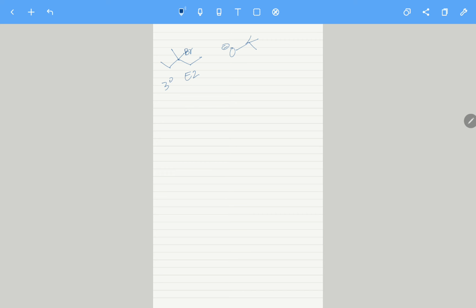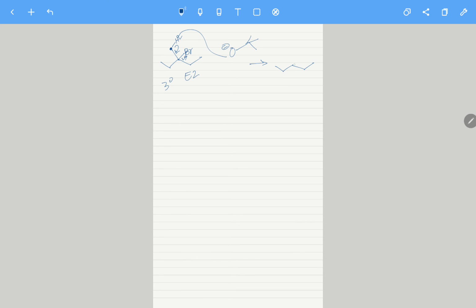Remember, E2 can happen with primary, secondary, or tertiary. Primary, not as reactive though. I can remove the hydrogen, and because it's so bulky, it's going to prefer the side that's the least bulky to remove one of those hydrogens. I only drew in one, just as a reminder. There are other hydrogens on there.